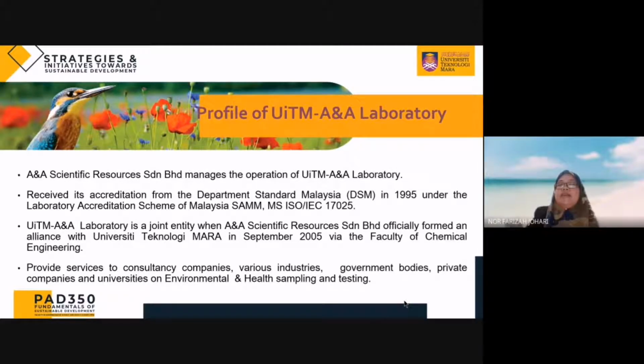It received its accreditation from the Department of Standards Malaysia (DSM) in 1995 under the Laboratory Accreditation Scheme of Malaysia (SAMM), MS ISO/IEC 17025. UITM A&A Laboratory is a joint entity when A&A Scientific Resources Sdn Berhad officially formed an alliance with Universiti Teknologi Mara in September 2005 via the Faculty of Chemical Engineering.